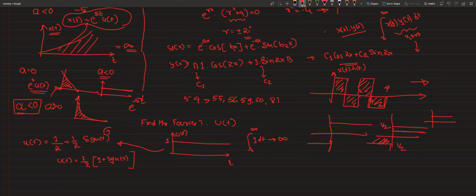We know the Fourier transform formula: X of f is the integral from minus infinity to plus infinity of x of t into e power minus j omega t dt. Here, as per the signum of t, it will become minus infinity to plus infinity, and the half is outside.